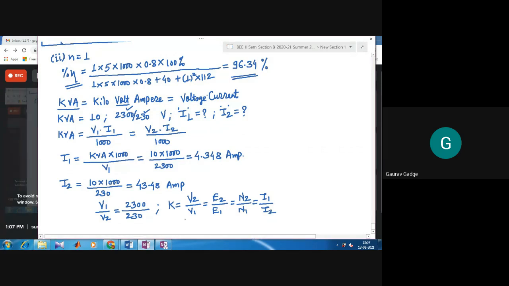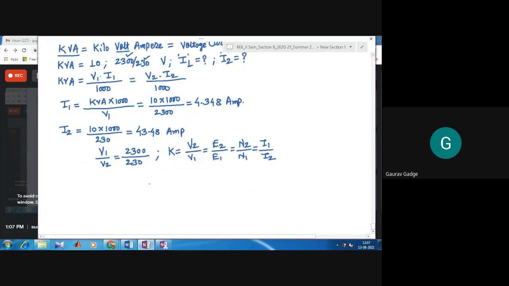Now, if I say, find out the value of K, and the value of V1 is 2300 and the value of V2 is 230, can you tell me the value of K?